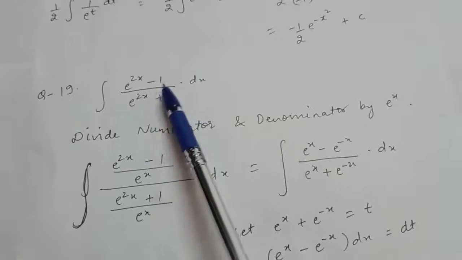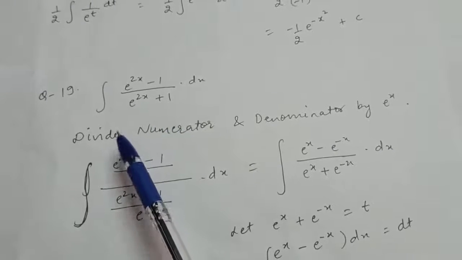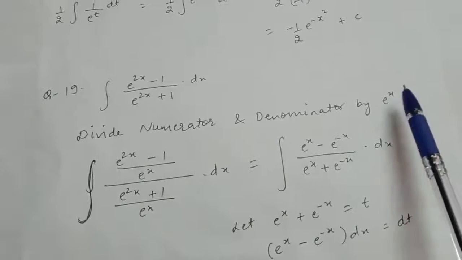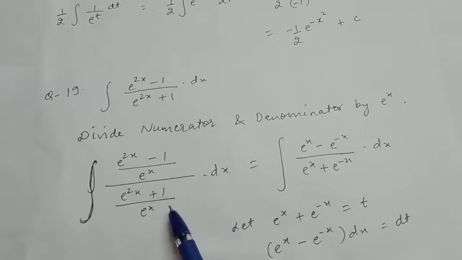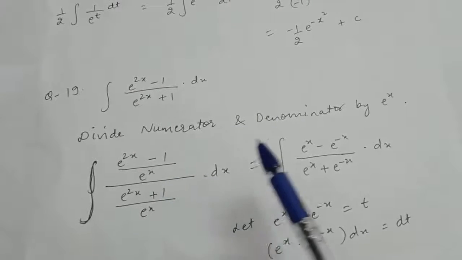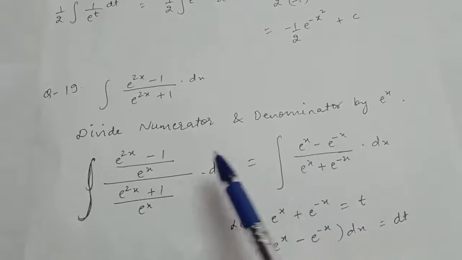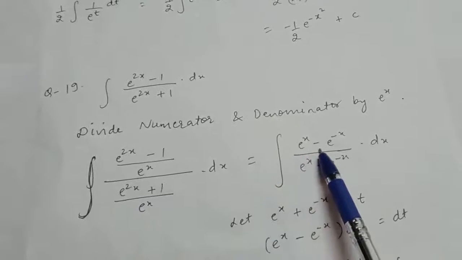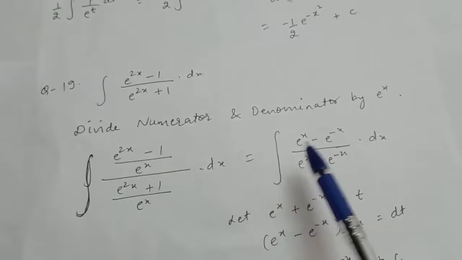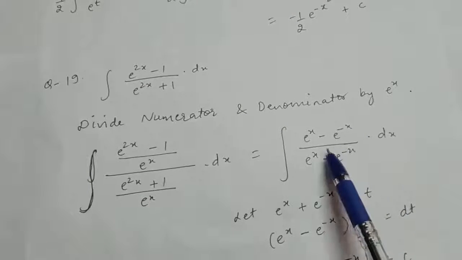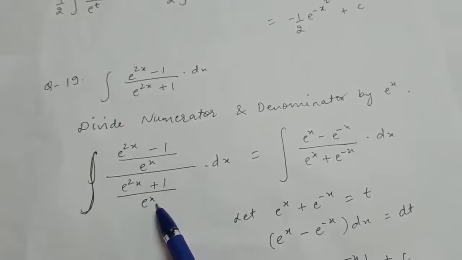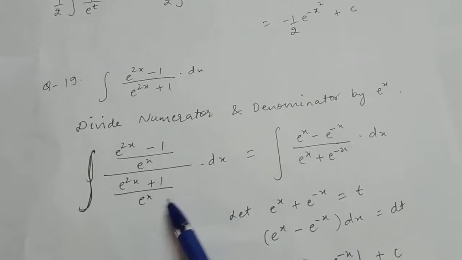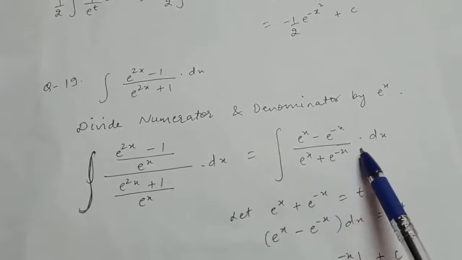For this, if these types of functions are given, then what we do, divide numerator and denominator by e raised to the power x. See, when we divide the numerator and denominator with e raised to the power x, what we will get is integral of (e raised to the power 2x upon e raised to the power x is e raised to the power x, minus 1 upon e raised to the power x is e raised to the power minus x) upon (e raised to the power 2x upon e raised to the power x is e raised to the power x, plus 1 upon e raised to the power x is e raised to the power minus x) with respect to x.